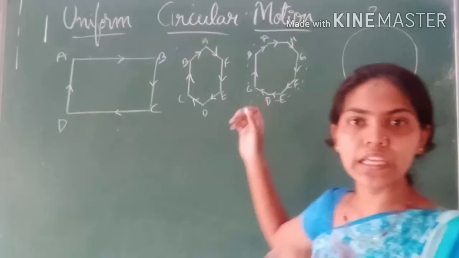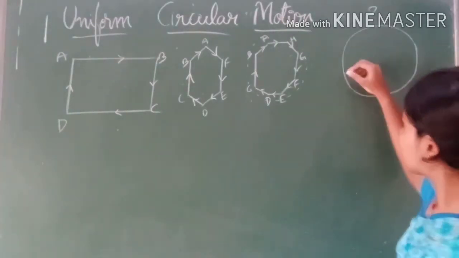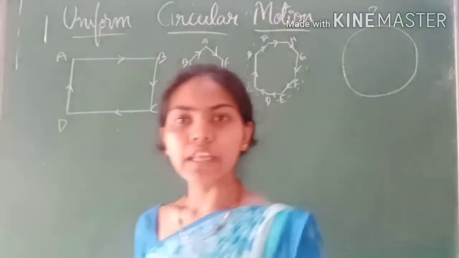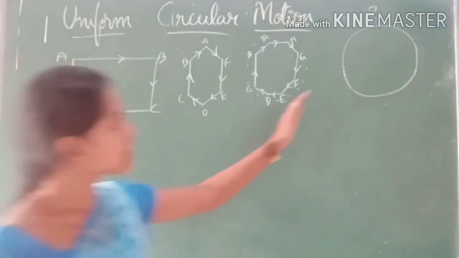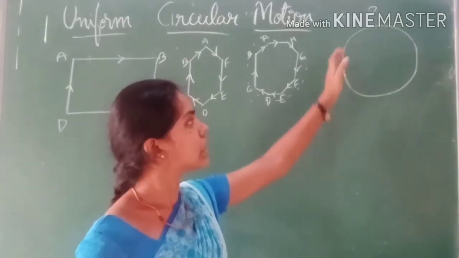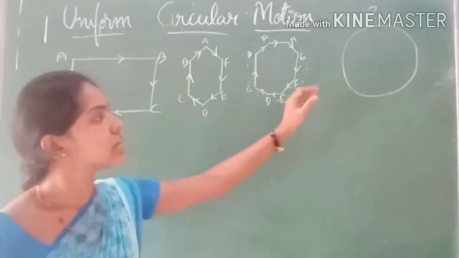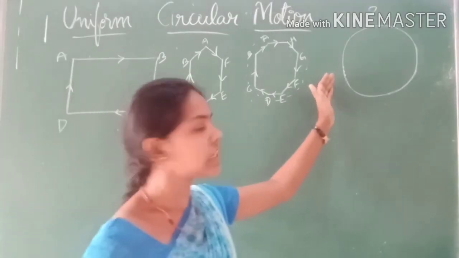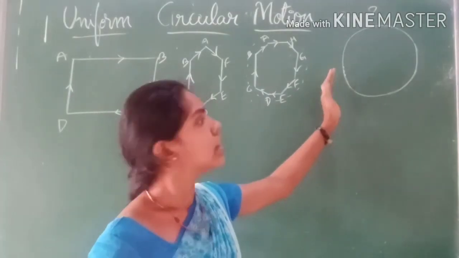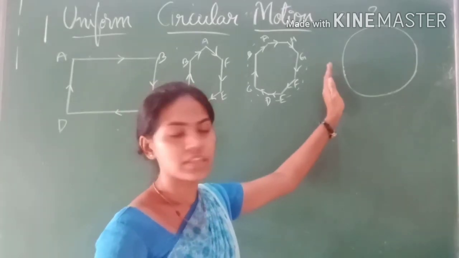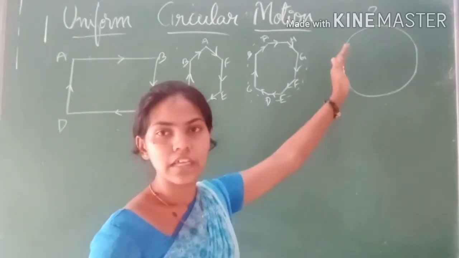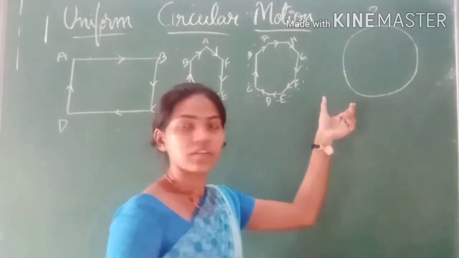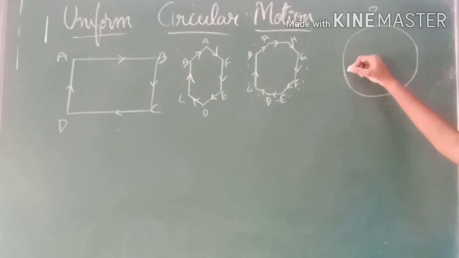The length of each side decreases to a point, isn't it? So when you travel around the circle, you have to change your direction.